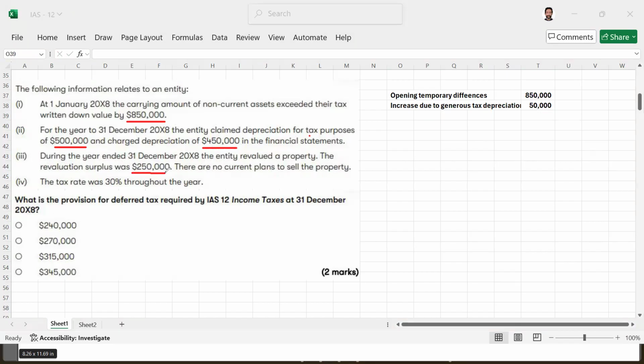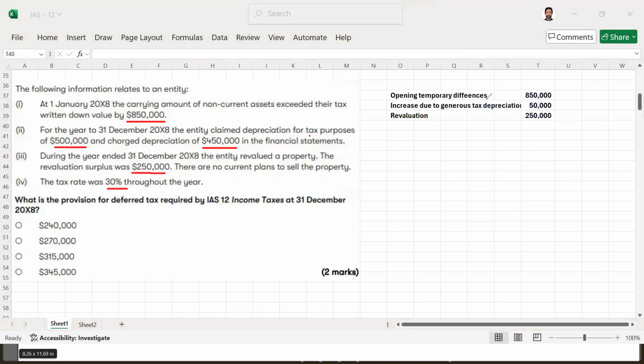So clearly, the carrying amount is going to go up by 250,000, and there will be no increase in the tax base. There are no current plans to sell the property. Okay, so which means that the revaluation is going to further increase the temporary differences by 250,000. And finally, they gave us the tax rate, which is 30%.